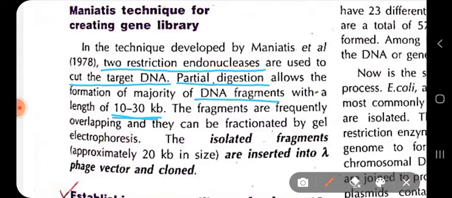But if we use a lambda phage vector or bacteriophage vector, they can take large fragments of up to 30 kb, and these fragments are frequently overlapping. After your restriction digestion, you see the fragments are overlapping with one another. And why do they overlap? Because of complementarity, they base pair with each other.